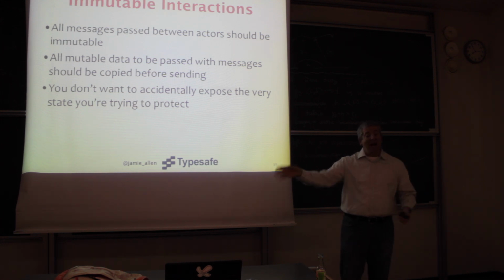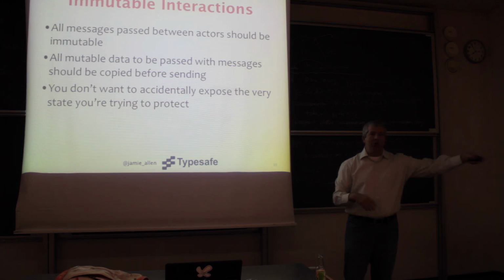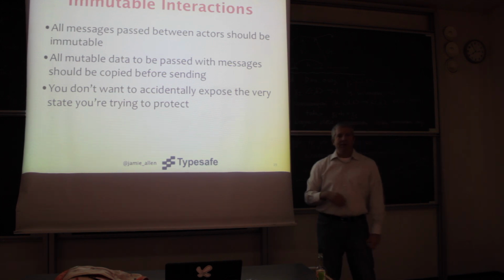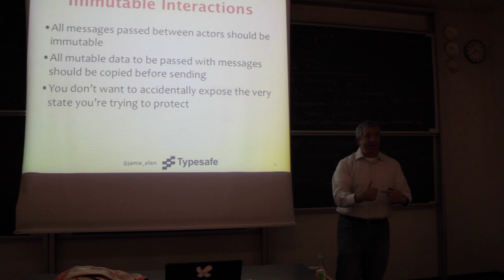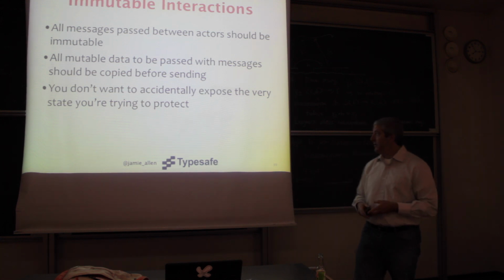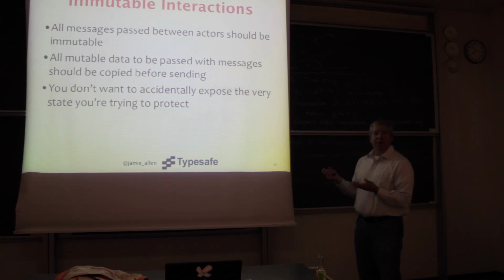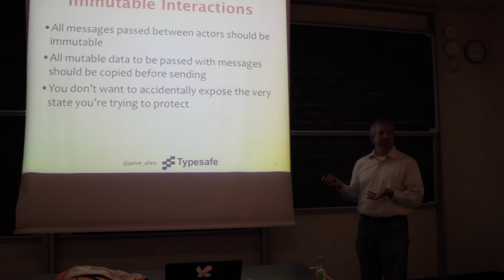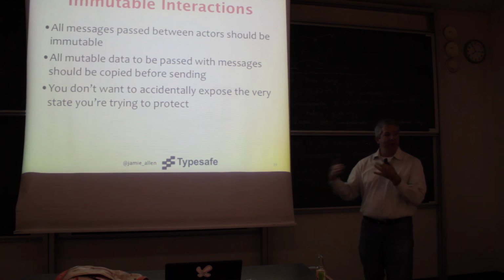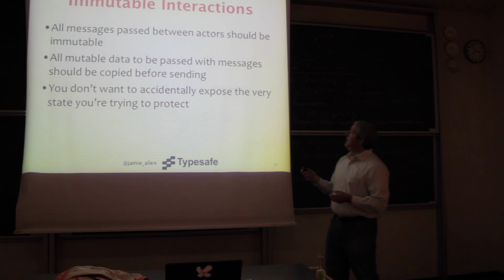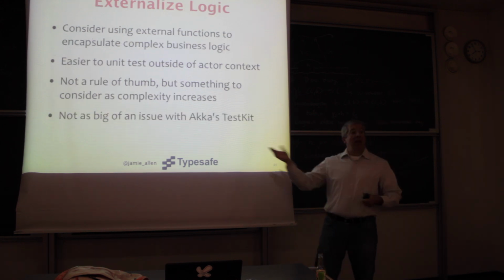You want to publish a snapshot, not send out the reference to your collection, right? Make a copy explicitly of it. Send that. But these are the problems we've been dealing with in Java for years, right? Because there are no guarantees. Even with final, there are no guarantees of anything.